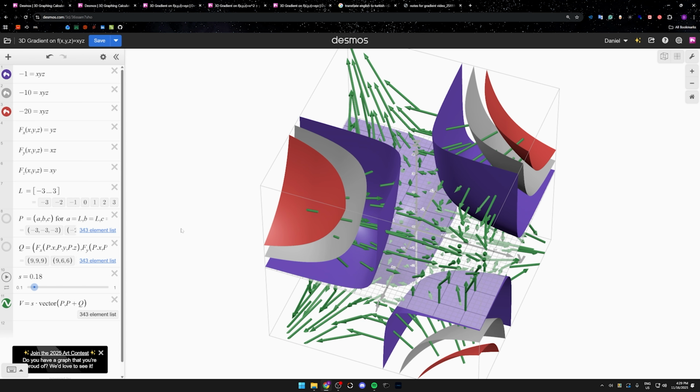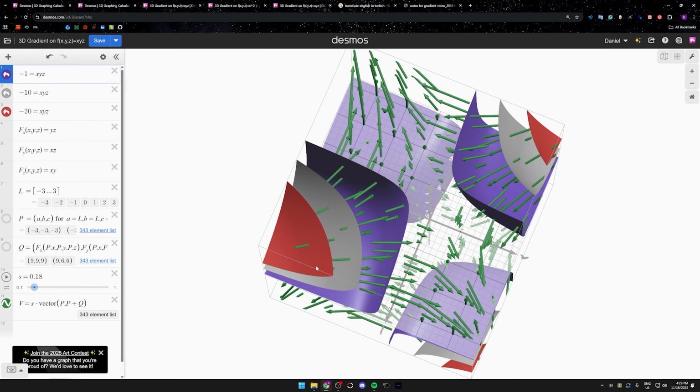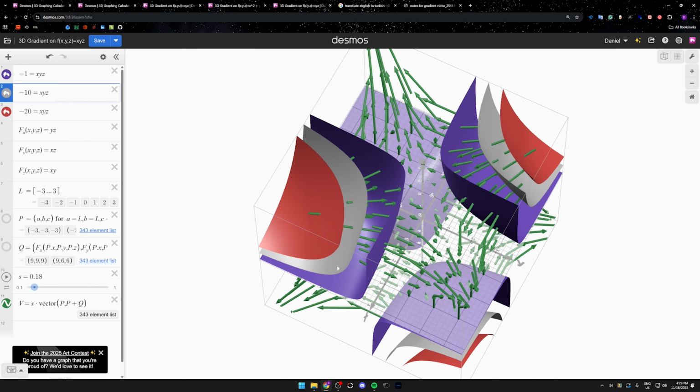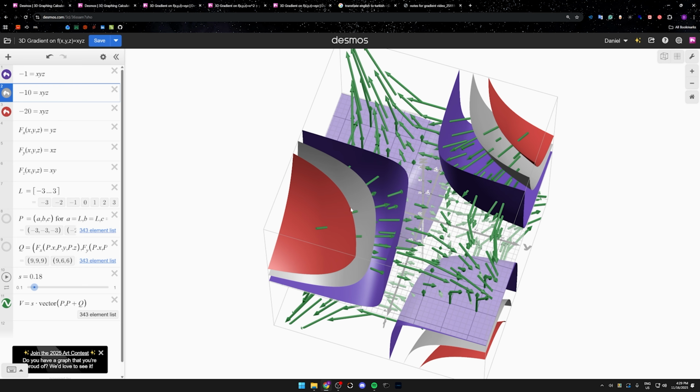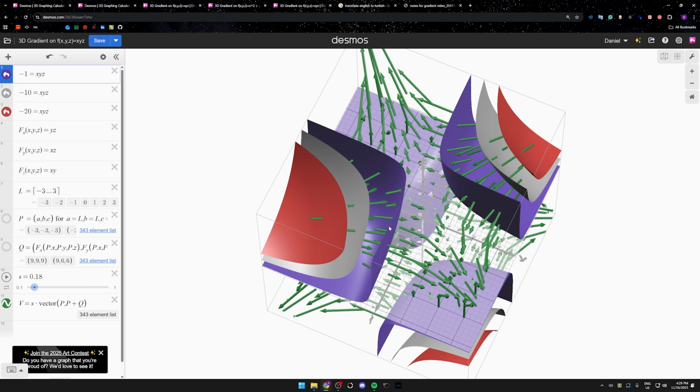And here you might be wondering why the vector field is pointing downward now. I thought it was going from lower to higher, but no. Here we have t equaling -1, but here we have t equaling -10. So our vector field is pointing from lower level surface to a higher level surface, and this is lower. And we have here t equaling -20.